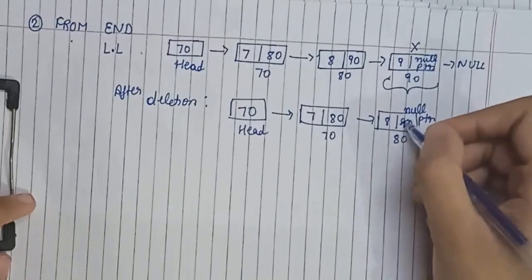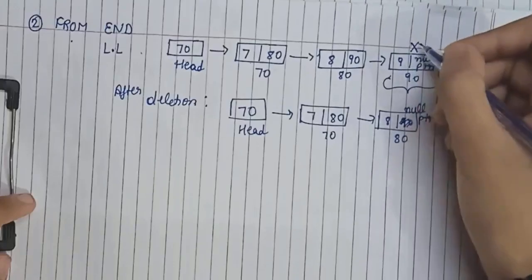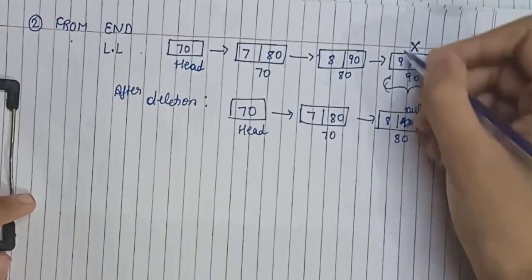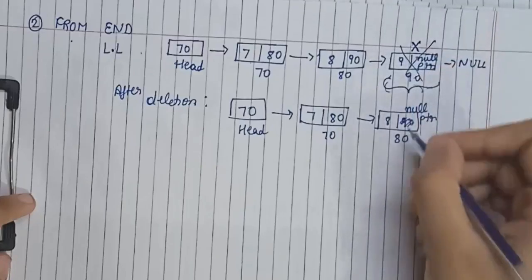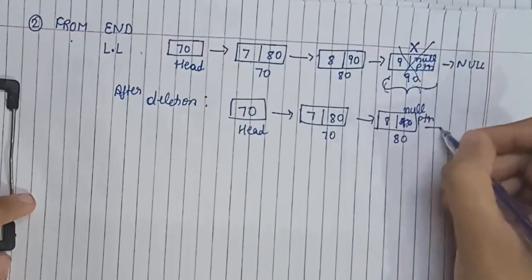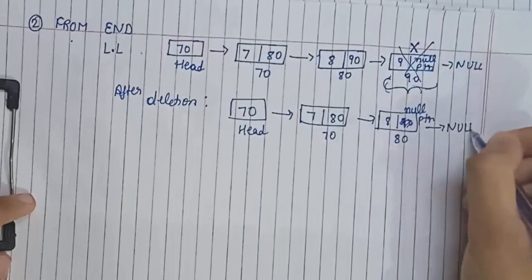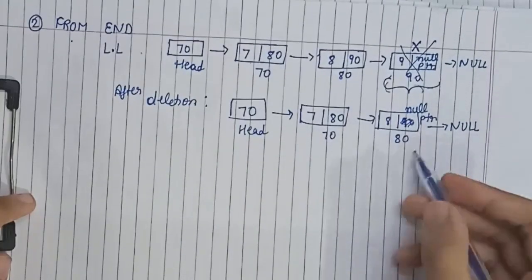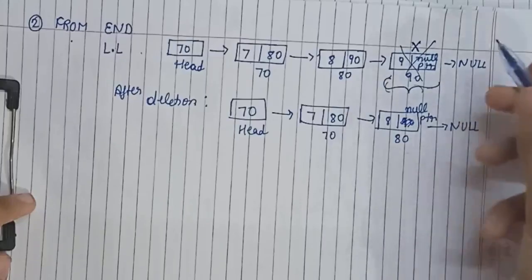There would be no address, because now this node doesn't exist at all. So now here we will be having a null pointer and it will be pointing to null. So now this will be the linked list after deletion from the end.